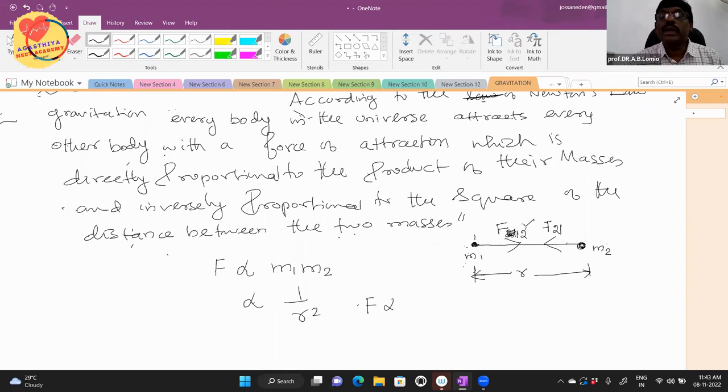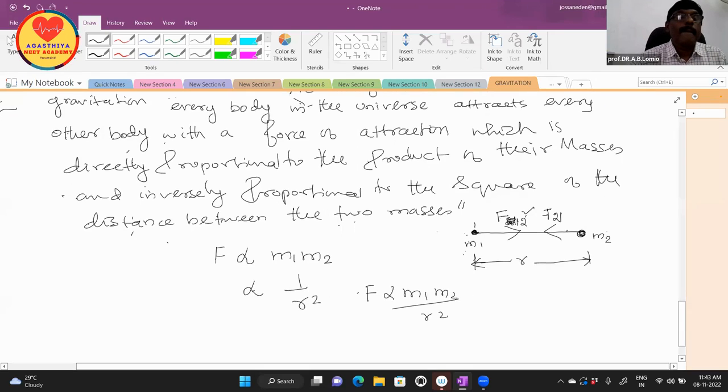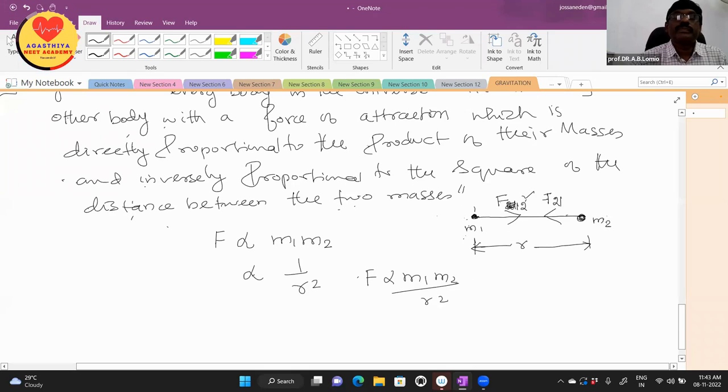Combining these two, it will be M1 M2 divided by r squared. K is the constant of proportionality.